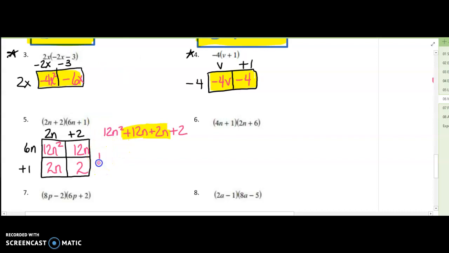So I can only bring down 12n squared because there's nothing that goes with him. And then 12 plus 2 is 14, so plus 14n, and then bring down your plus 2 because he's all by himself too. Okay, and we're done. There we go. All right, that's our answer.